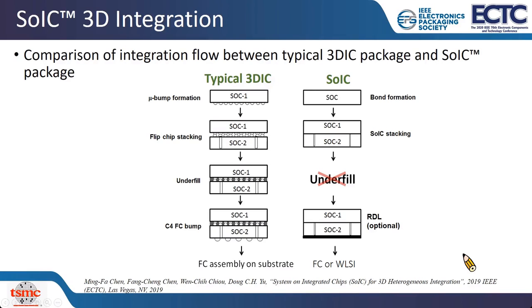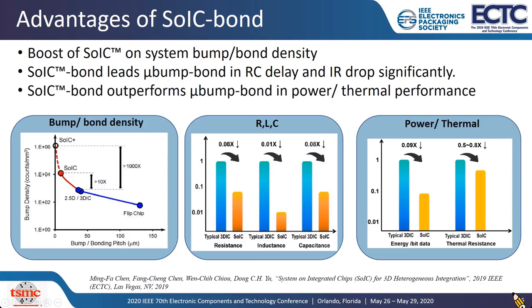The SOIC technology does not require the underfill process. It can simplify the process flow and material. SOIC stacking is available for wafer-on-wafer process. We are very optimistic on this technology and currently under development.